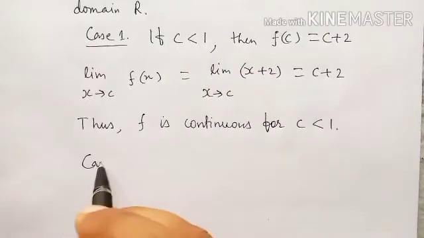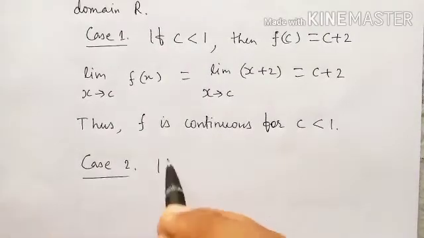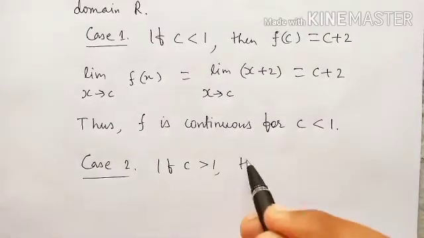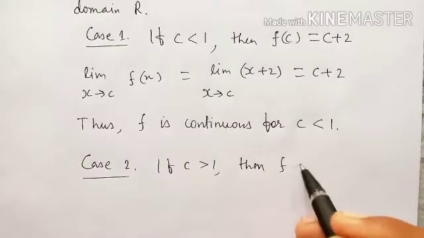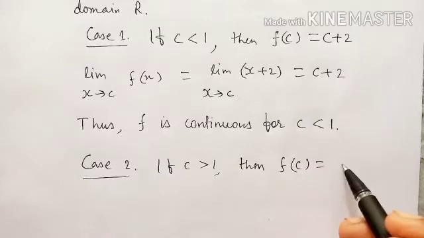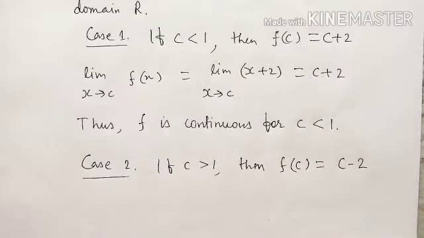Case 2. If c is greater than 1, then f(c) is equal to c - 2. It is given that when x is greater than 1, f(x) is x - 2.